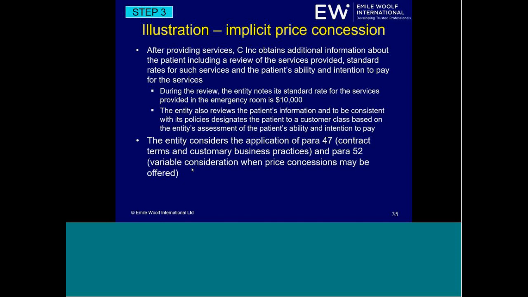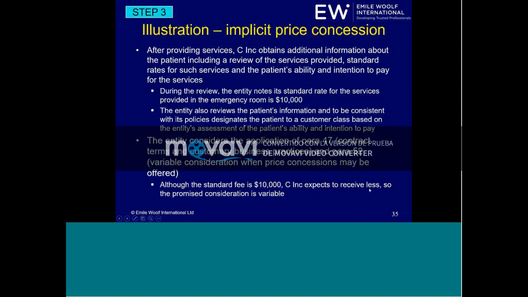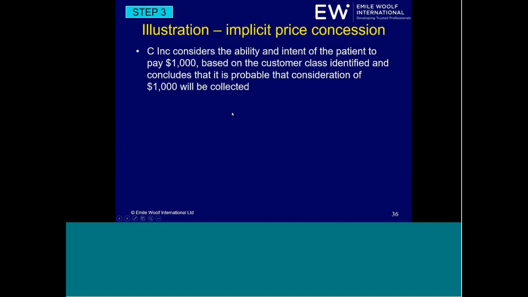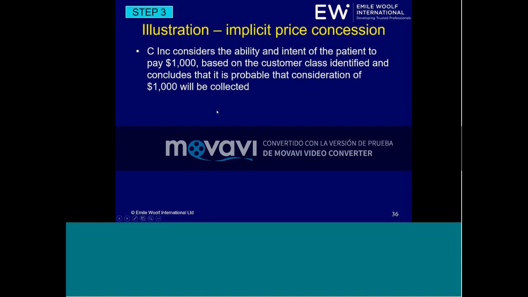C concludes that it expects to receive less. Therefore, the promised consideration is variable. Considering the ability and intent of the patient to pay, maybe it considers a range of prices, but concludes it is probable that consideration of 1,000 will be collected.